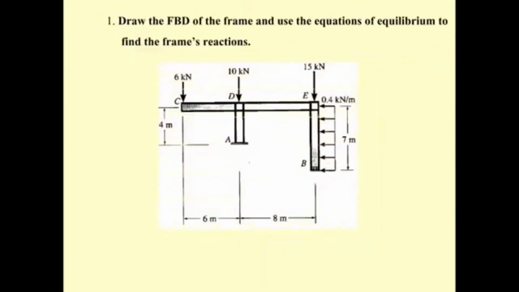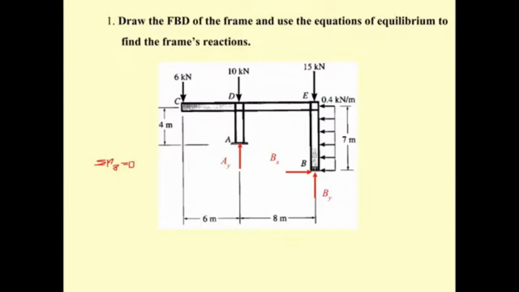Okay, for the free body diagram of the frame, we have this: we have the roller at A, we have the pin at B, so we have 3 unknown forces. The best way is to sum the moments about B and set it equal to 0.